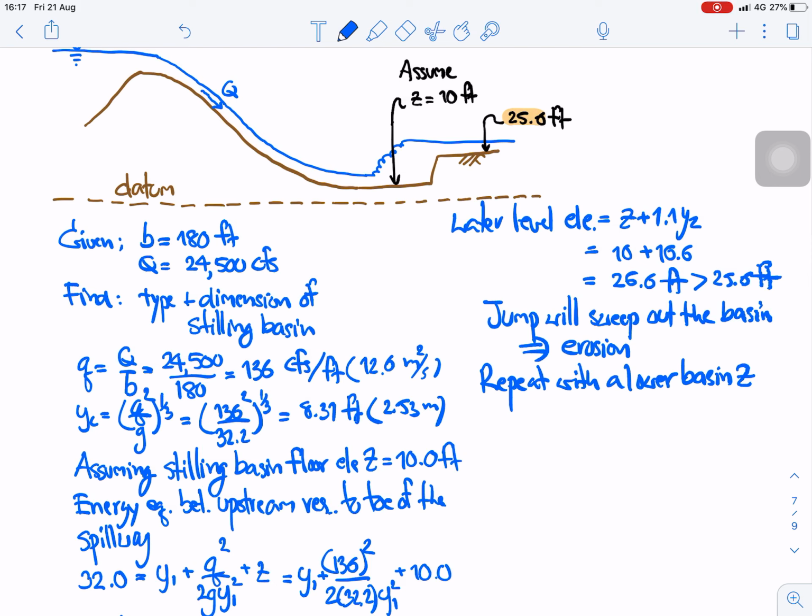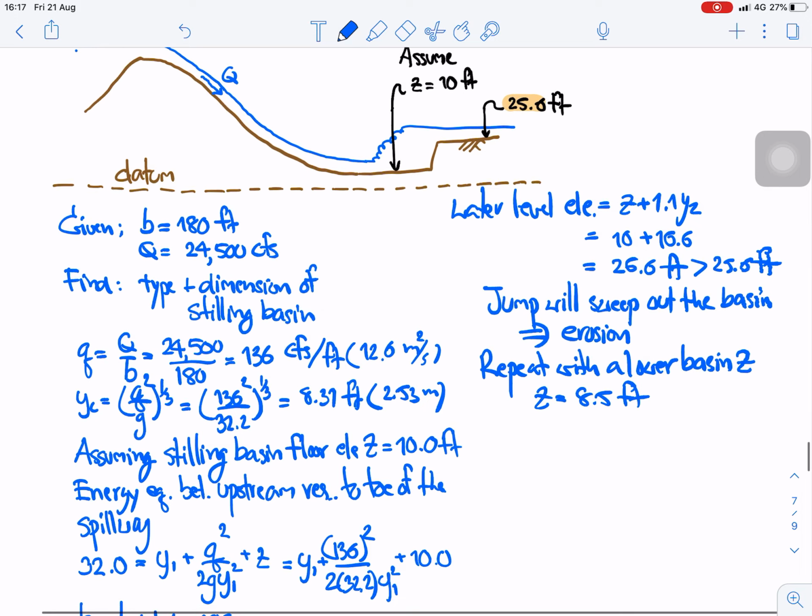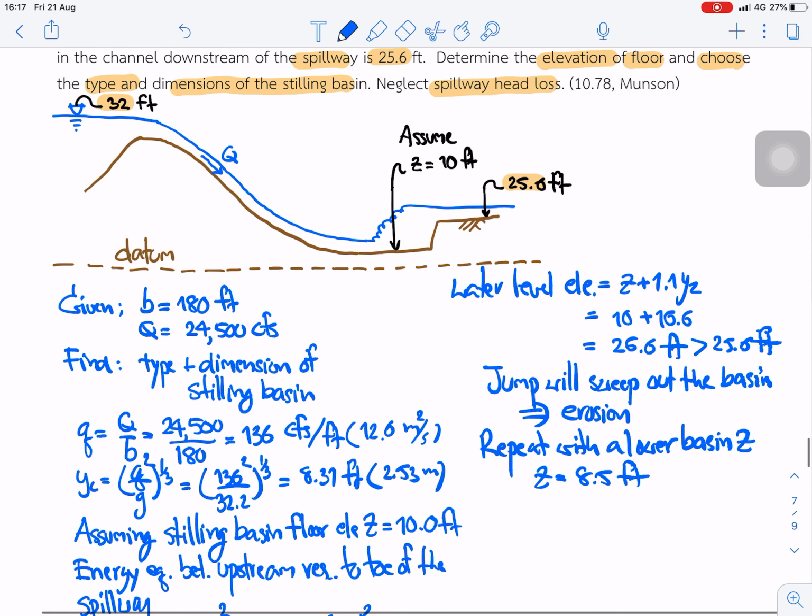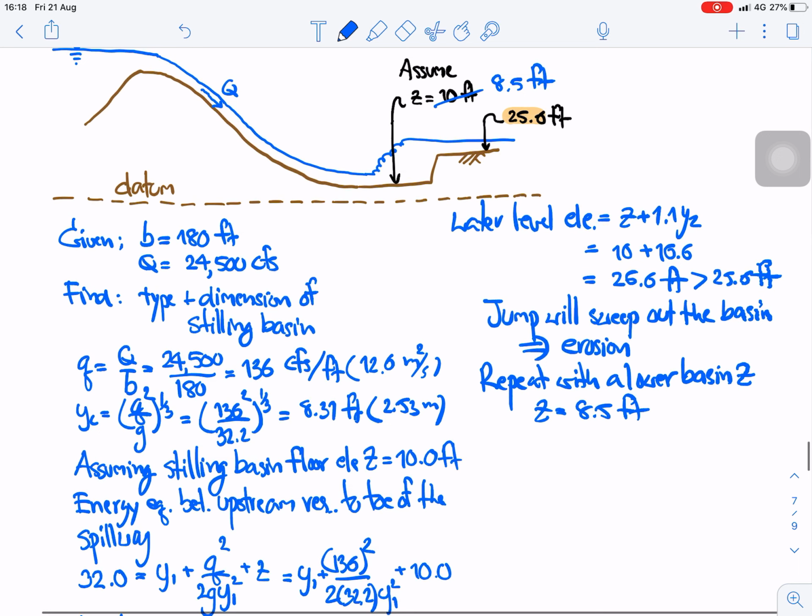Let's try and set z equal to 8.5 feet. So we have to change the elevation here to 8.5 feet and repeat the calculation again.